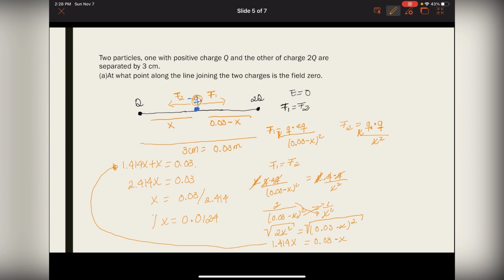So now that we solved for x, we know that the charge is placed at 0.0124 meters from the other charge, and the charge is negative, and that's how the system is keeping equilibrium.